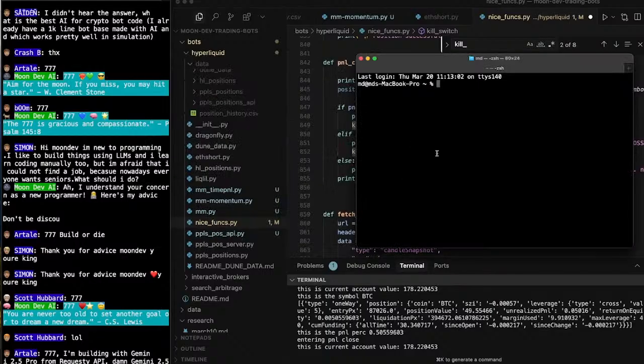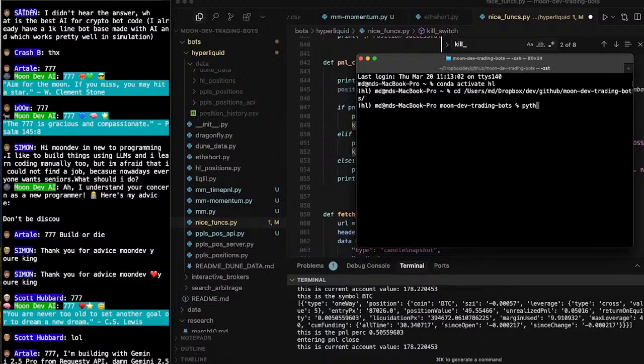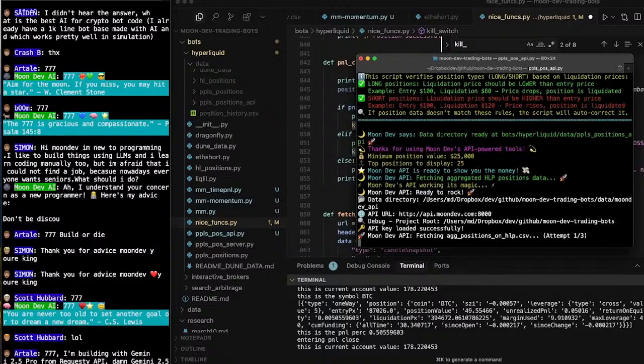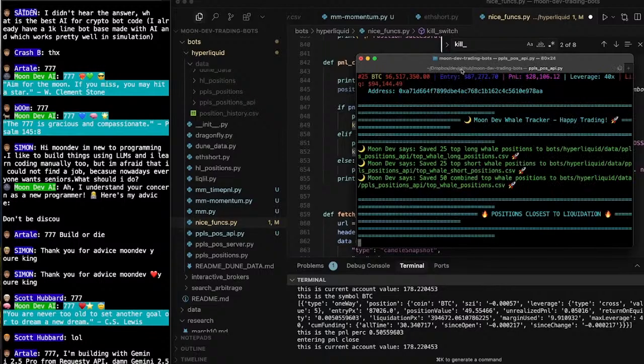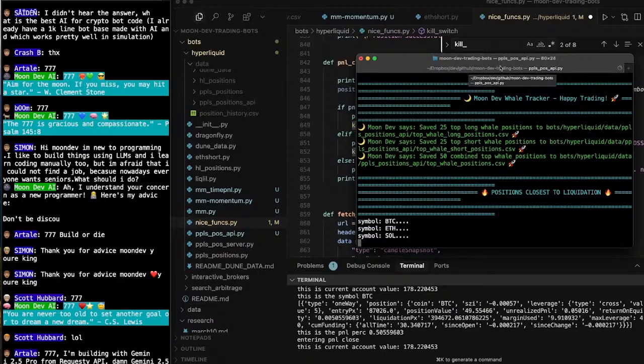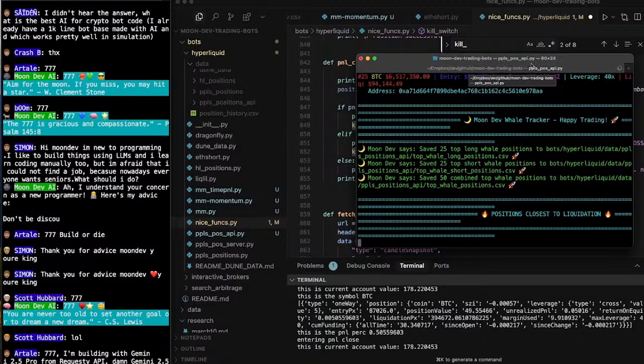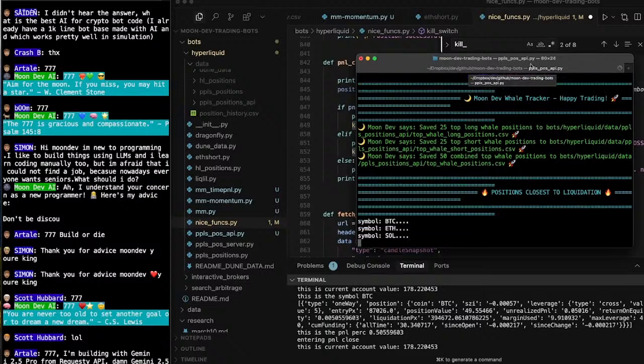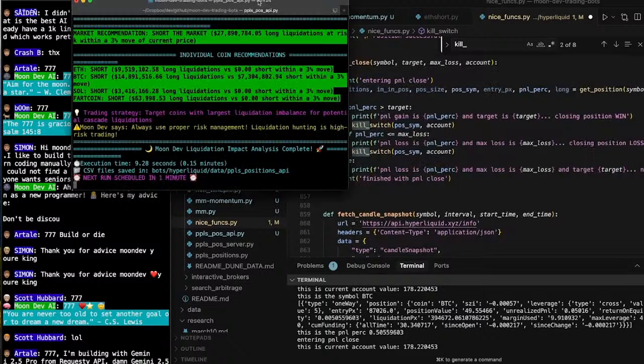Let's say conda activate HL, and then CD up into this. And then we're gonna say Python, run it. Nice, dude. This is exactly what I wanted. I just want to see this at all times, really.